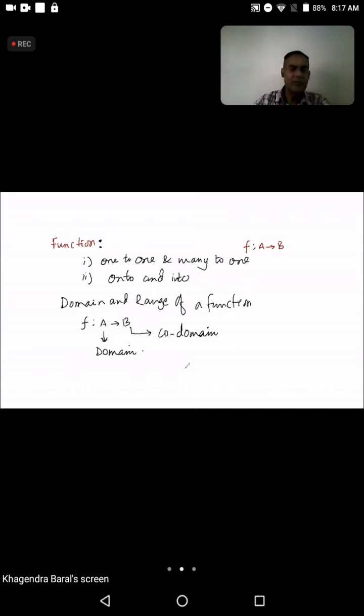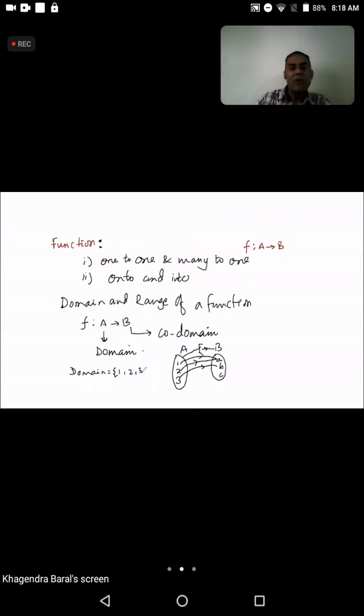If we use a mapping diagram to explain this, set A is the set with elements 1, 2, and 3, and set B is the set with elements, let us say, a, b, and c. If 1 maps with a, 2 maps with a, and 3 maps with b under the function f defined from set A to set B, then the domain is the set of elements 1, 2, and 3.